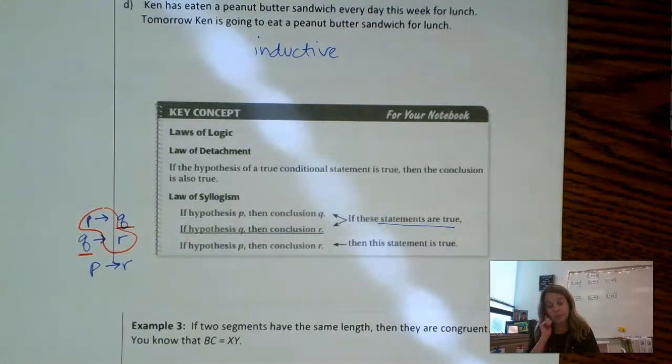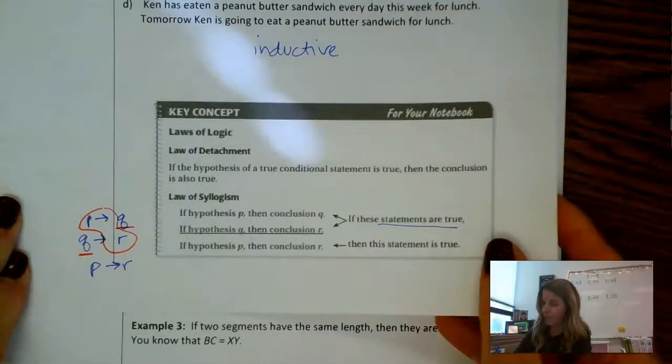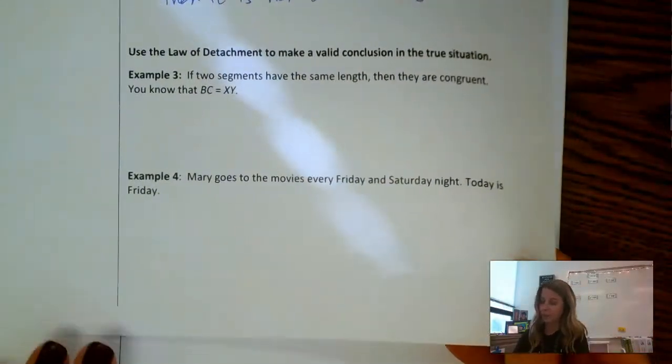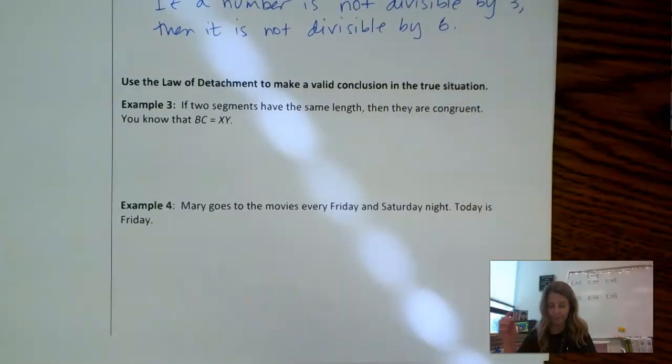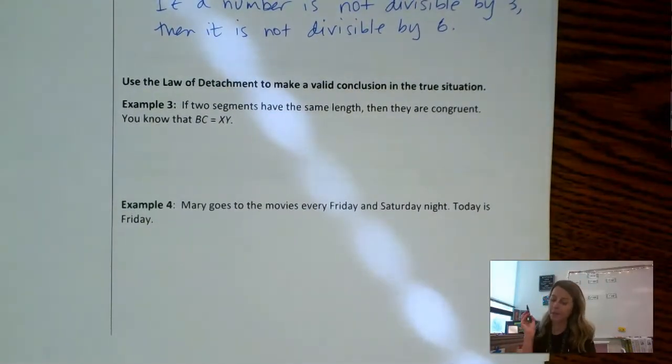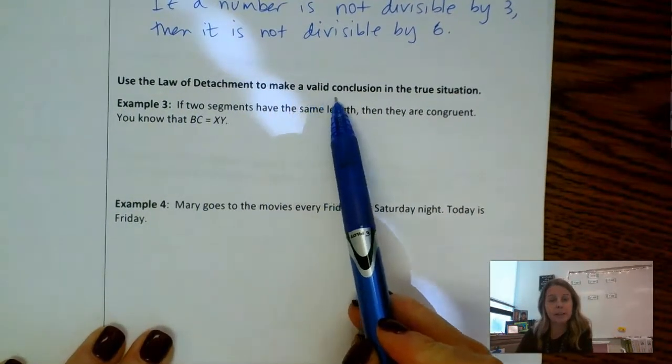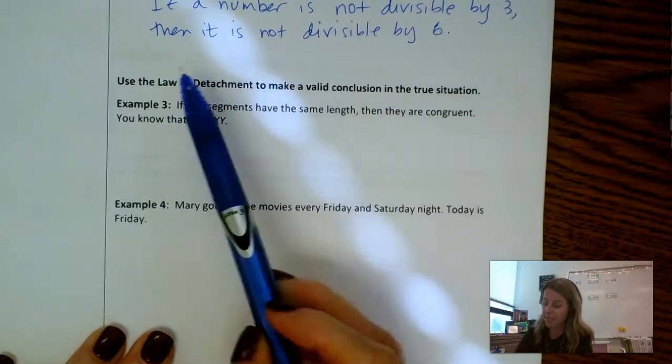Okay, let's do some examples here, and hopefully those will make a little more sense. Go to examples 3 and 4. Let's go back to the law of detachment. It says if you have a true if-then statement and the hypothesis is true, then the conclusion has to be true. Use the law of detachment to make a valid conclusion in the true statement.